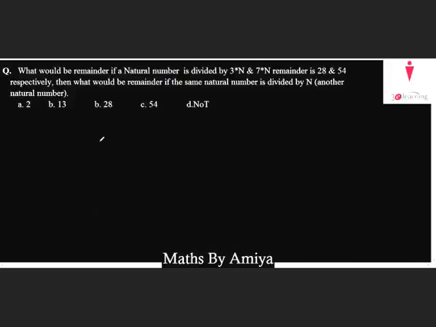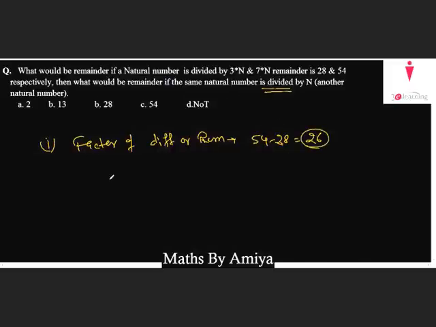We need to find the number. The first condition for the number is that it should be a factor of the difference of the given remainders. Here it is 54 minus 28, that means 26. So our divisor is a factor of 26.